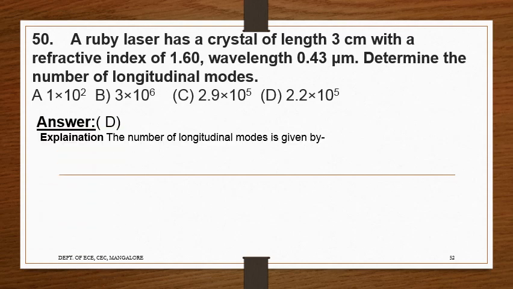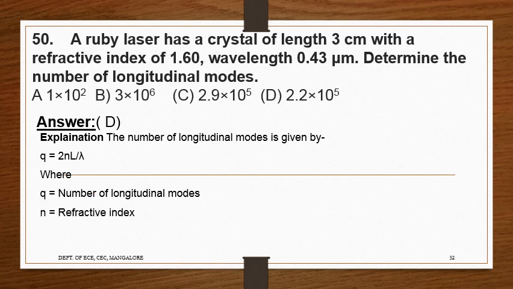The answer given is D, but we need to know that the number of longitudinal modes is given by Q is 2nL by lambda. What is Q? Q is the number of longitudinal modes, where n is the refractive index, L is the length of the crystal, lambda is the wavelength.